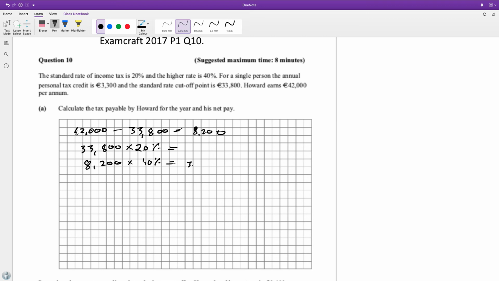The last one is 3,280 and 33,800 multiplied by 0.2 is 6,760, plus 3,280 is 10,040. Is that okay?